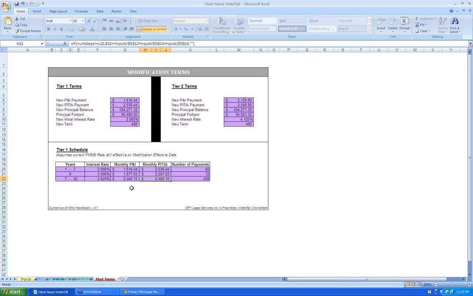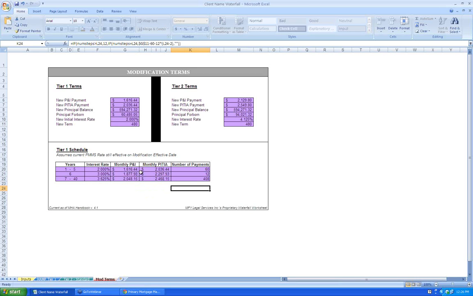Down on the Tier 1 schedule, you can see that for years 1 to 5, their interest rate will be 2%. In year 6, it'll step up 1 percentage point to 3%, and then it'll go to the rounded 30-year PMMS, so they'll be paying 3.625% for years 7 through 40.